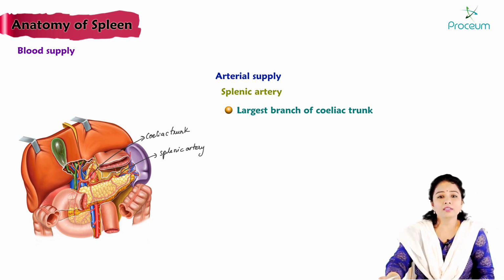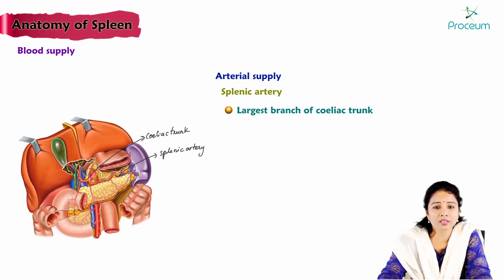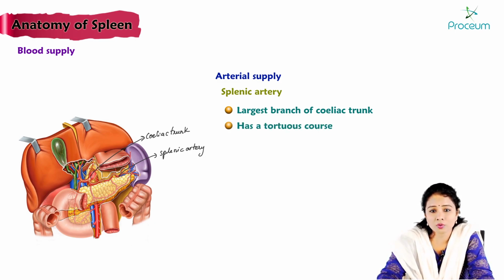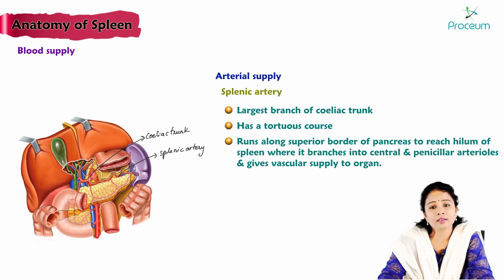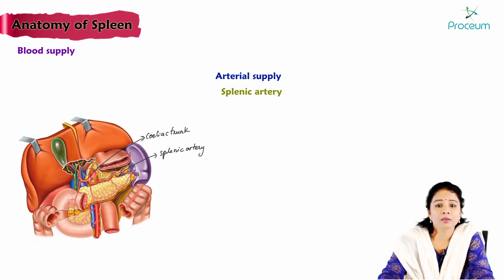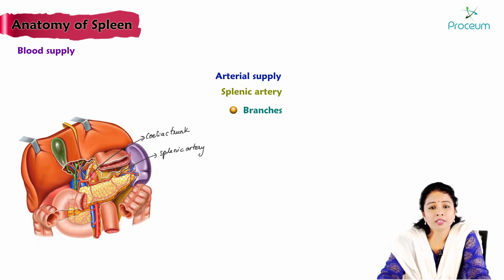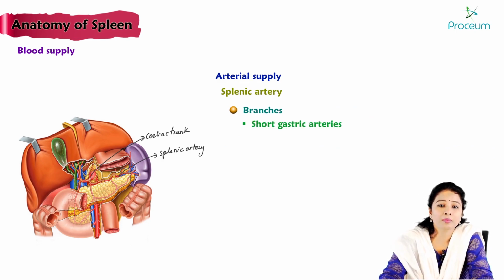So splenic artery is the largest branch of celiac trunk and has a tortuous course, and it runs along the superior border of pancreas to reach the hilum of spleen, where it branches into central and penicillar arterioles and gives vascular supply to the organ. Branches of splenic arteries. So not only does it supply the spleen, it supplies the stomach by short gastric arteries, left gastroepiploic artery.